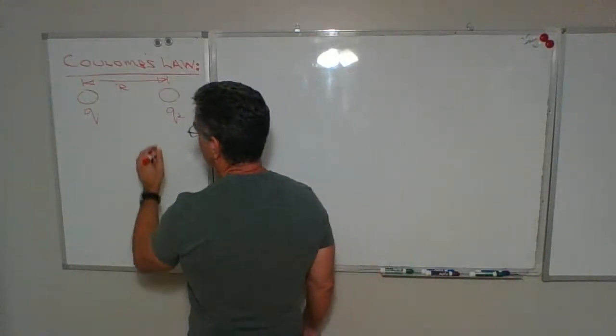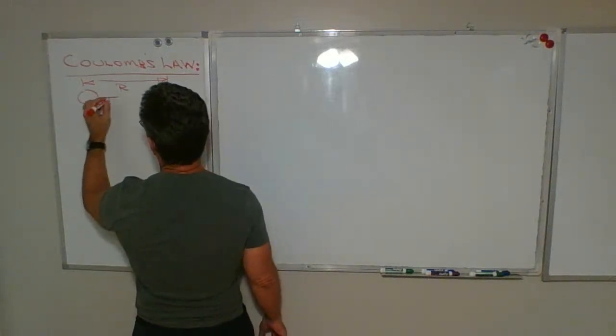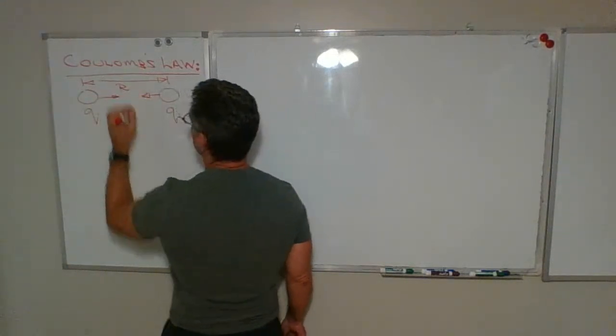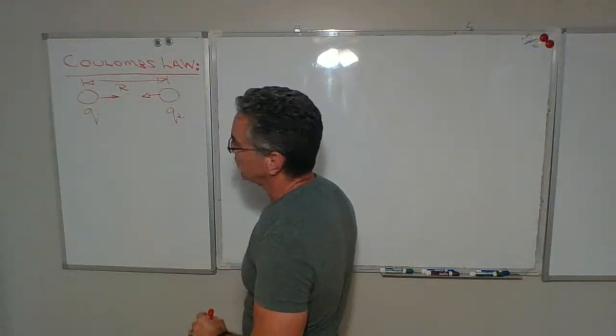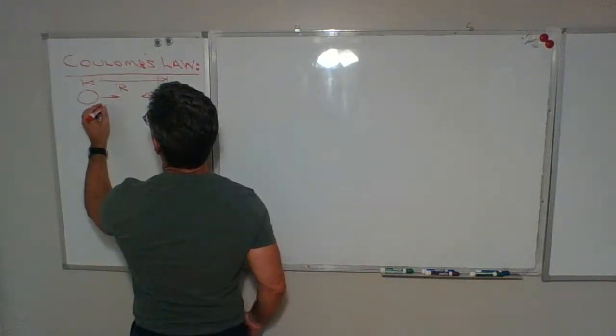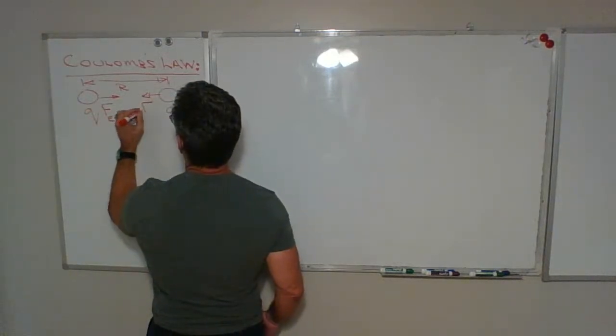And let's consider this to be an attractive force. So we'll draw arrows connected to the two objects, and the arrows show the direction of the force that's being exerted between them. And this will be Fe.